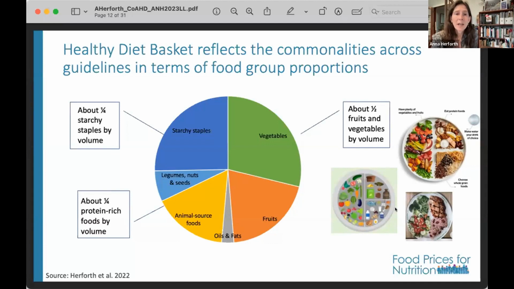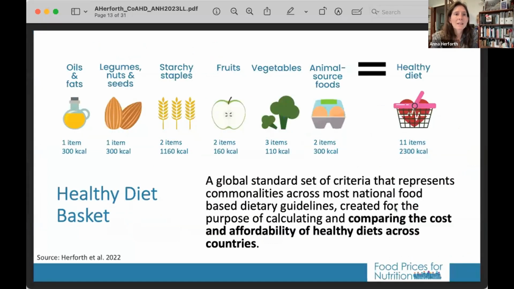So we keep calories at a constant and divide them between the different most commonly recommended food groups like this. So the healthy diet basket, again, is a global standard of criteria that represents commonalities across most national food-based dietary guidelines, created for the purpose of calculating and comparing cost and affordability of healthy diets across countries.